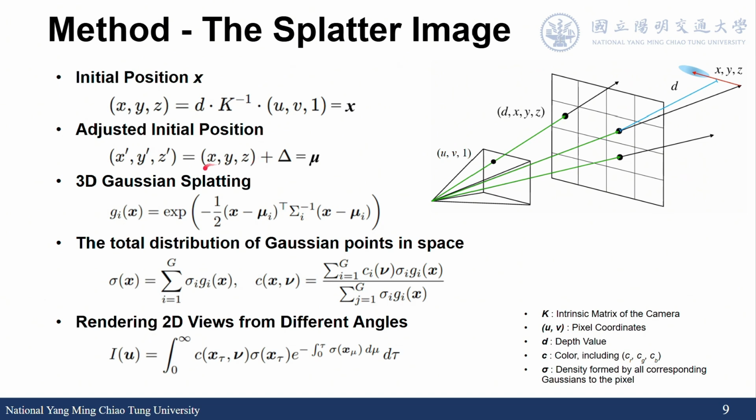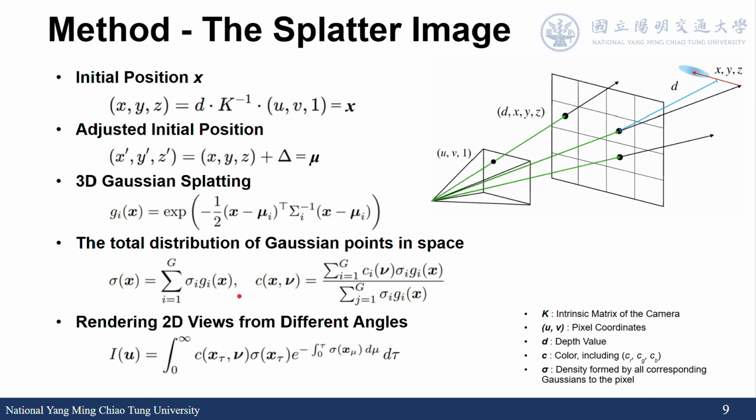The image plane coordinates of each pixel, u and v, combined with its depth, representing the pixel position along the camera ray, enable the computation of its initial position x, y, z in 3D space. The inclusion of the 3D offset delta offers enhanced flexibility for handling occluded regions, ensuring better reconstruction of the hidden details.